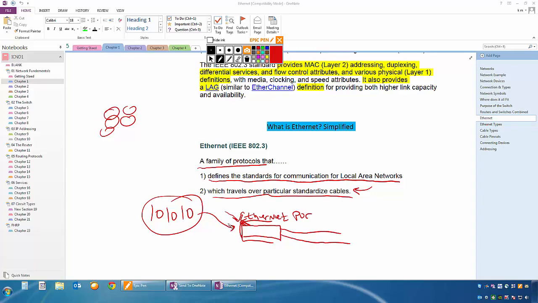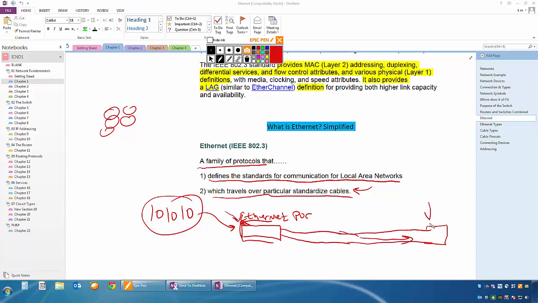And Ethernet makes sure that the information on this side is being put on the wire a certain way, because it knows on the other end of this cable it's going to be another Ethernet device. And guess what? That Ethernet device is going to need to read the information coming across this cable.